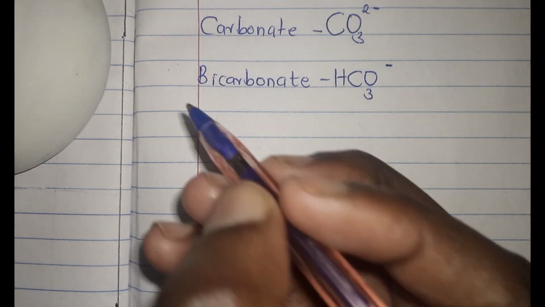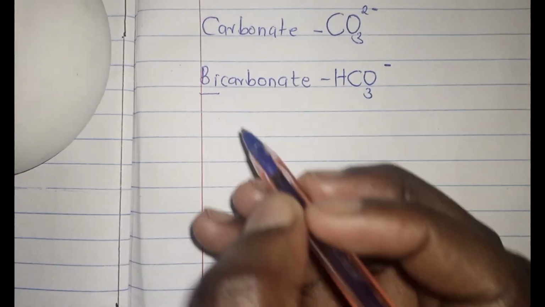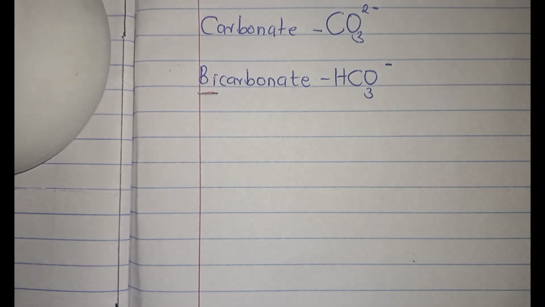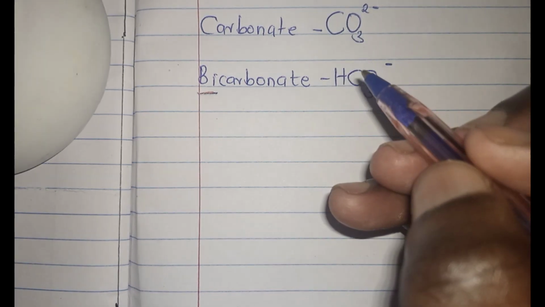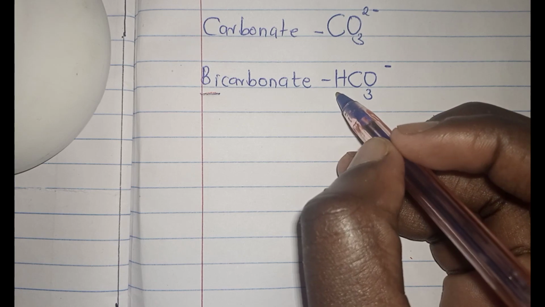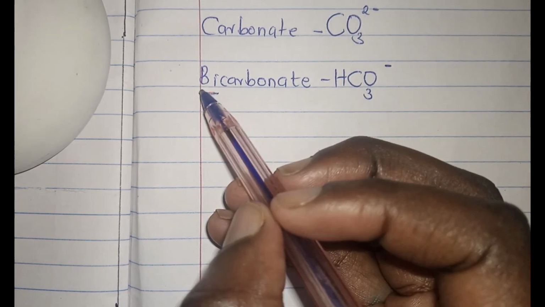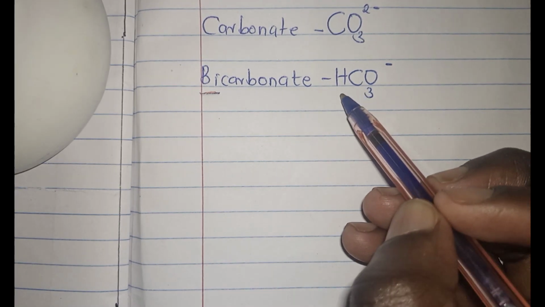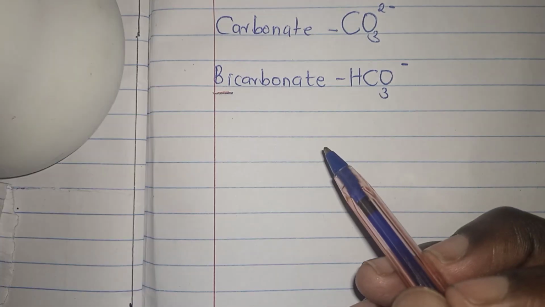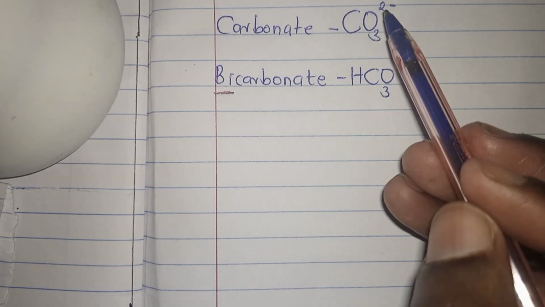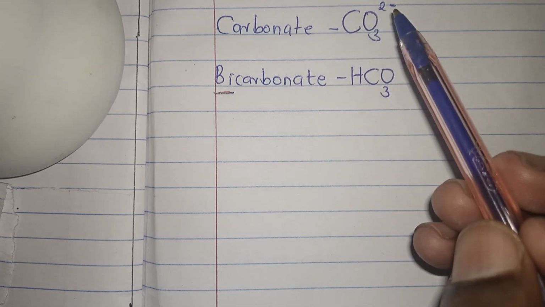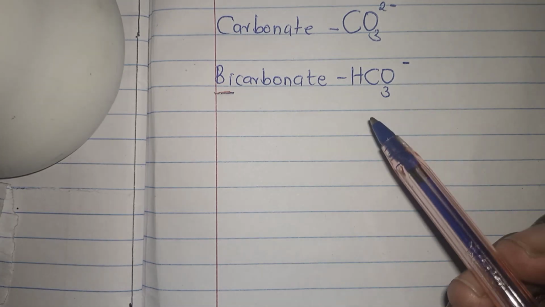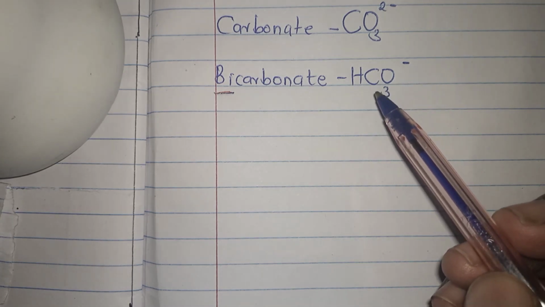This is now the prefix. The presence of bi indicates the presence of a hydrogen atom in that radical. Whenever you see the prefix bi, know it indicates the presence of hydrogen. Another visible difference is their charge. Carbonate has a -2 charge, and bicarbonate has a -1 charge, with the presence of a hydrogen atom in that radical.